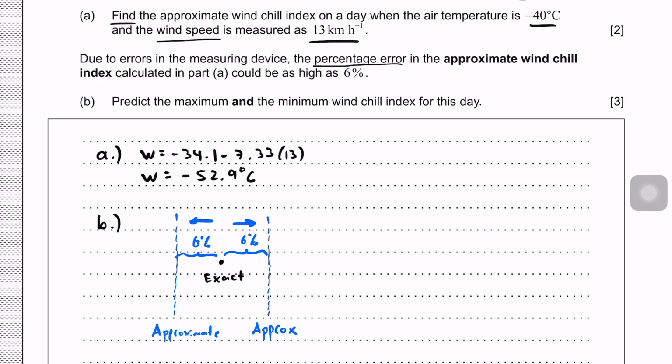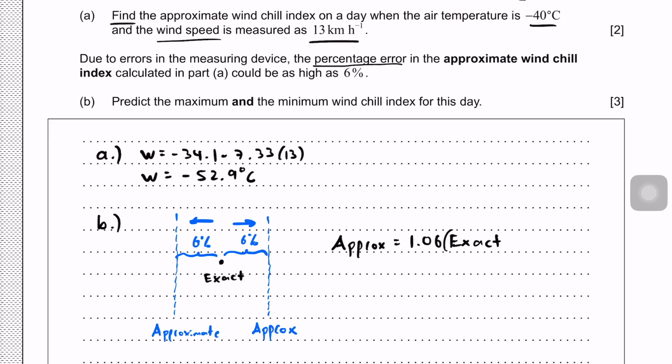And although it might not look like it, we actually have an equation here. So our approximate value could be as much as 6% higher, or 1.06 times whatever the exact is.